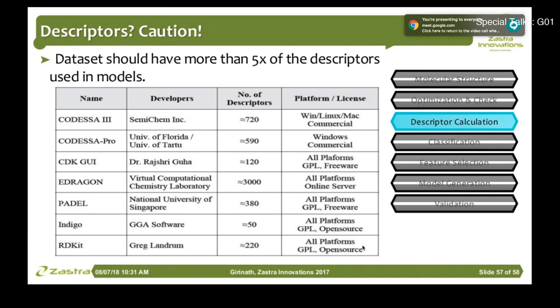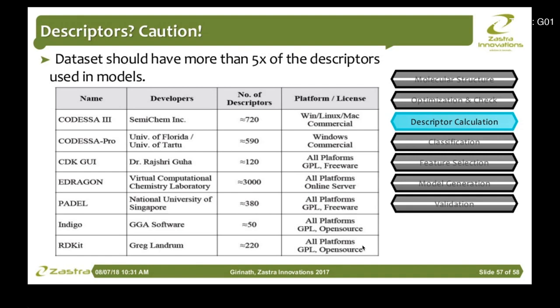Now there are free tools available. A data set should have 5 times the descriptors used in the model. That is a rule of thumb actually, but in most cases it doesn't work out. So don't stick to that. Now CDK by Rajarshi Guha is a completely free tool, which is something similar to PaDEL. PaDEL is widely used now.